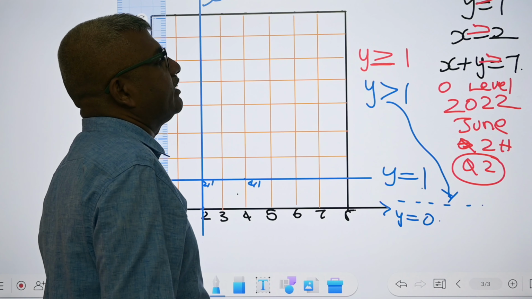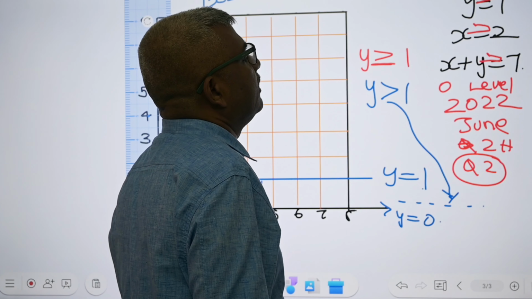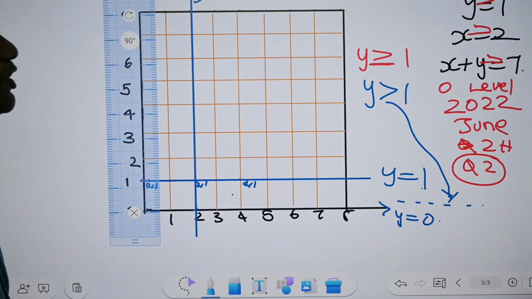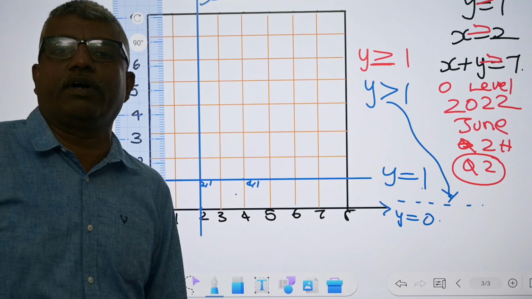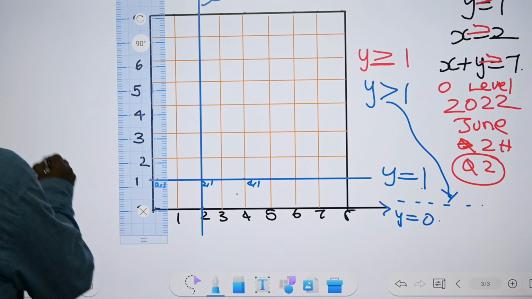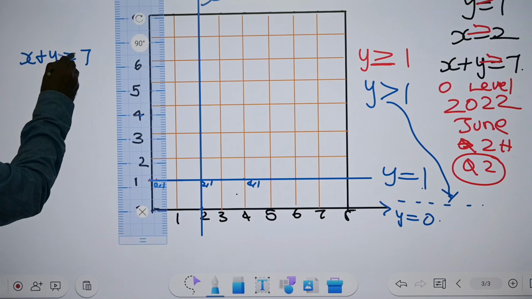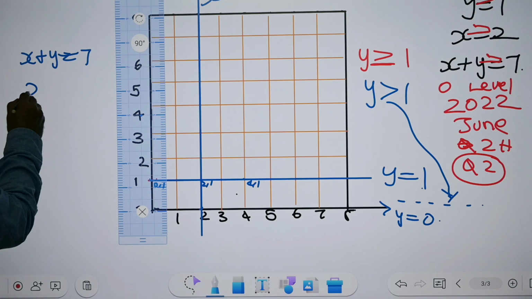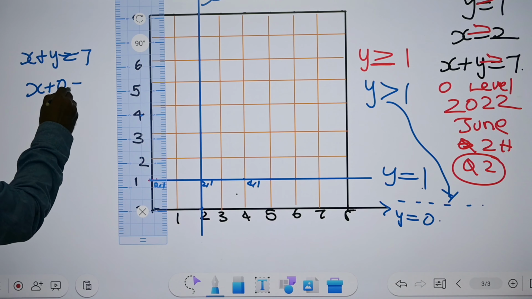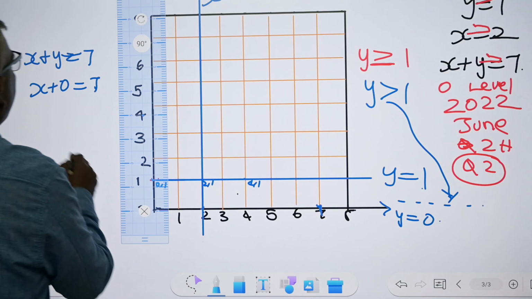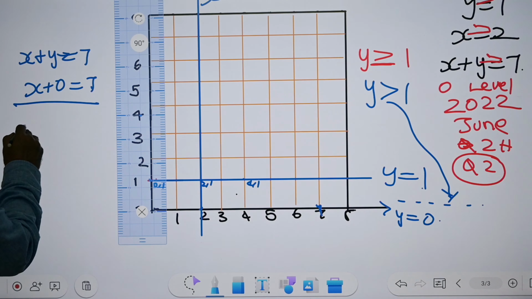Then the third one is x plus y is greater than or equal to 7. What you have to do? You have to find the x-intercept and y-intercept. How to find them? For the x-intercept, put y equal to 0. So x plus 0 equal to 7, means x is equal to 7. For the y-intercept, put x is equal to 0.